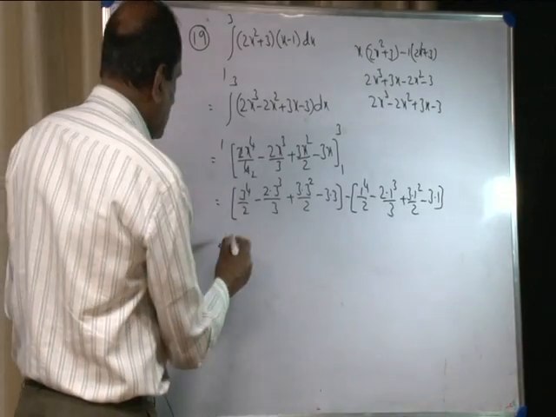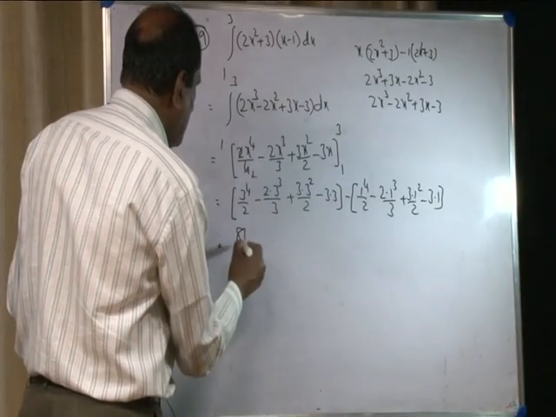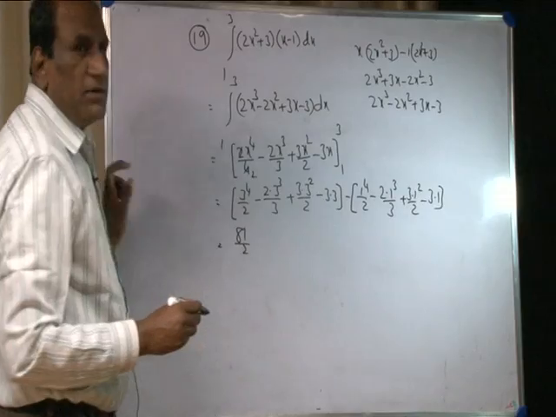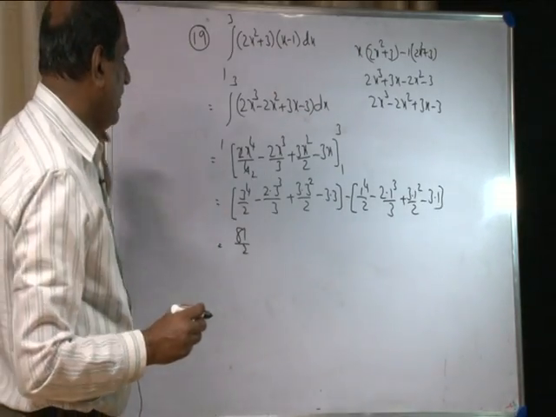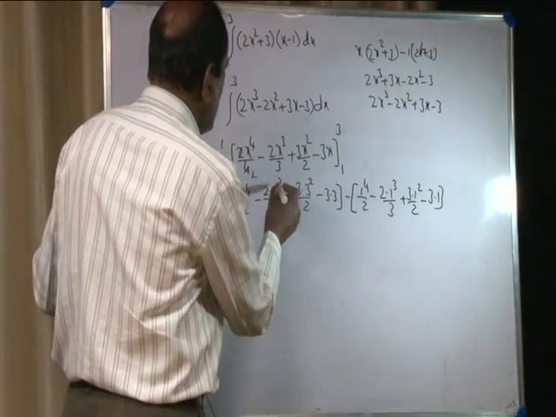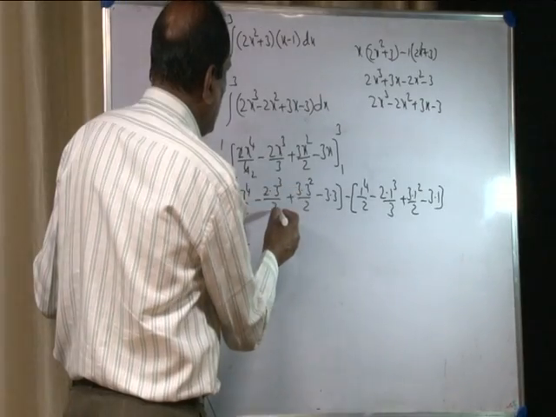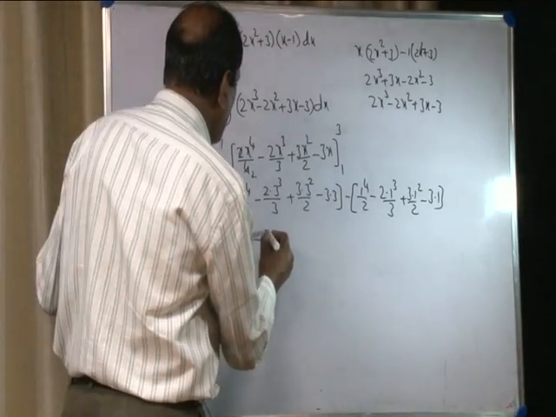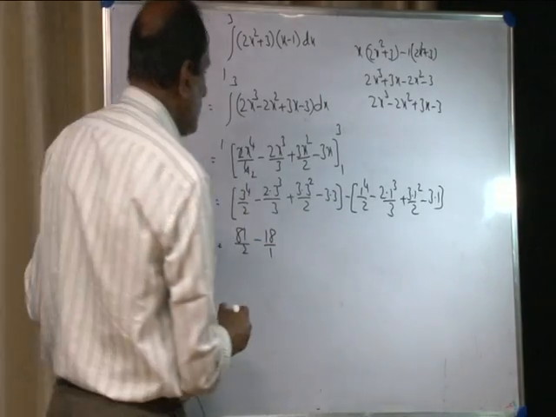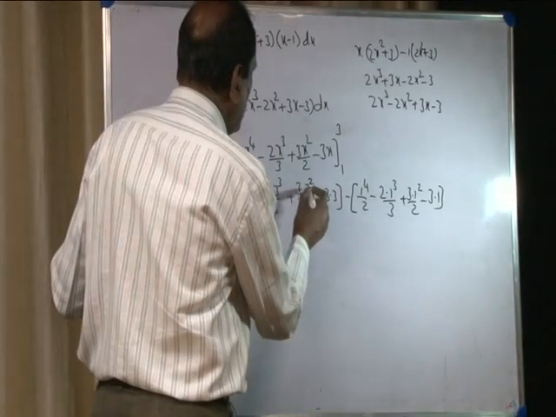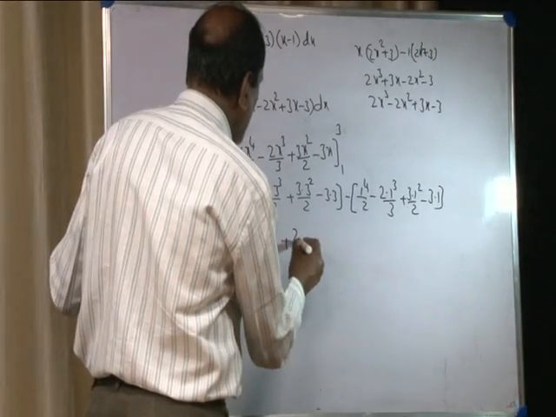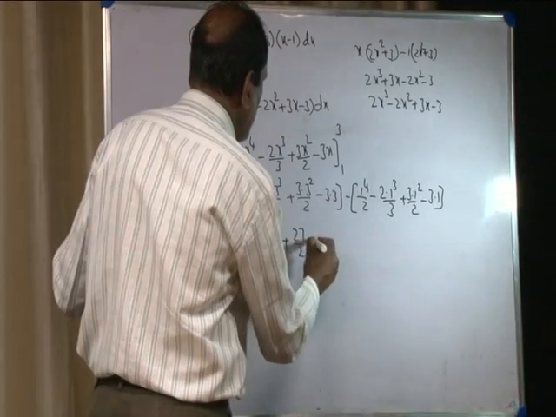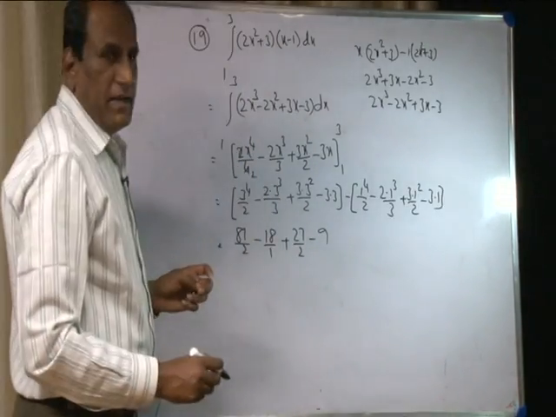Now, 3 power 4 is 81, so 81 by 2. 3 cube divided by 3 is 3 square, 9 into 2, 18. Then 3 into 3 square is 27, so 27 by 2, minus 3 into 3, 9.